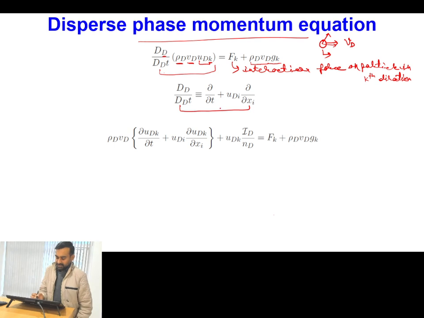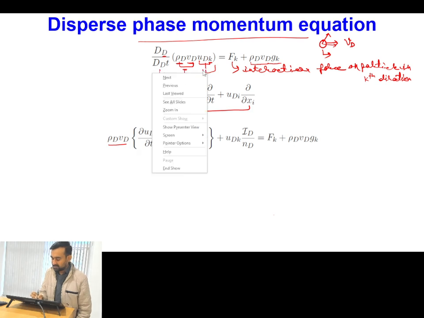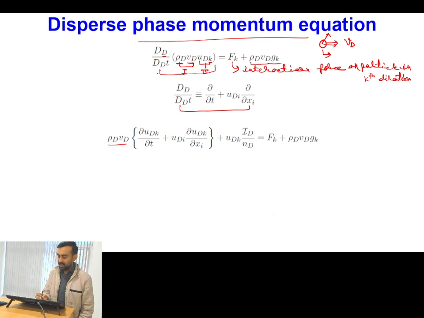So if I use this definition on the left hand side, I can segregate rho d Vd as the first term, and this as the second term, and then I apply the chain rule using the definition of the total derivative. Is this one clear? Now if I do so, I will get rho d into Vd, and inside it will be del by del t of udk plus udi into del udk by del xi.